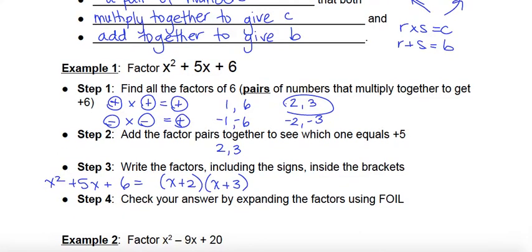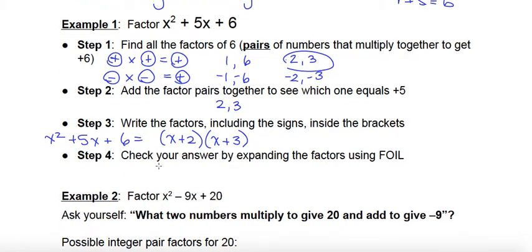Well, I can check my answer by using FOIL. So again, if you're at home and you want to check your answers to make sure that you're on the right track, this is the strategy that you would use to check those solutions. So I'm going to FOIL this. So x times x is x squared. So my first two terms. Outside, x times 3 is 3x.